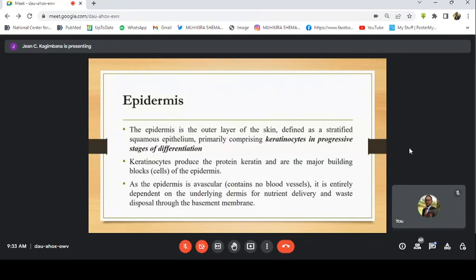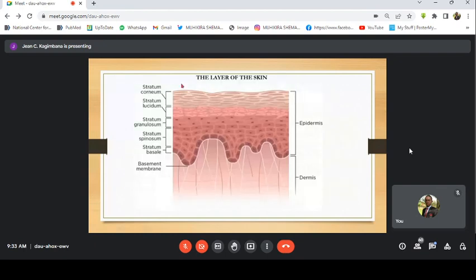Now, we have this epidermis, which again has sub layers, and in these sub layers we have many cells. Keratinocytes, as they grow, go up.